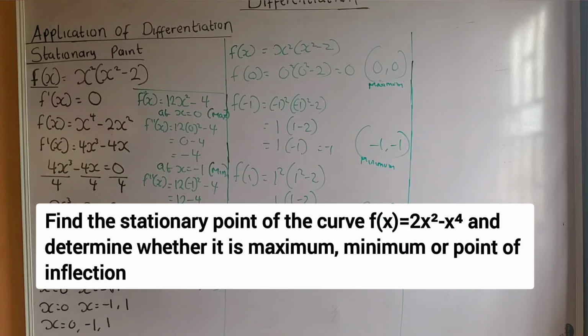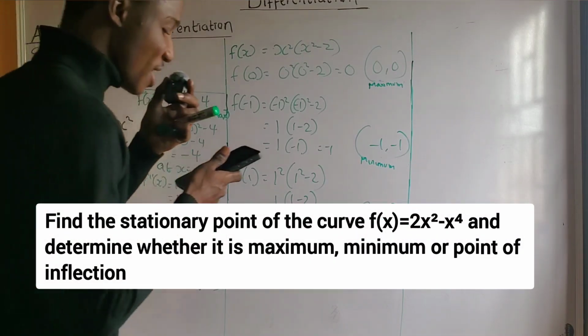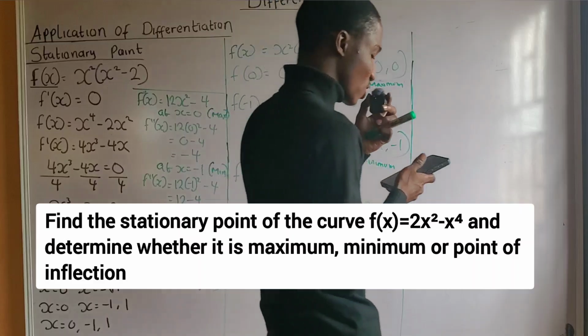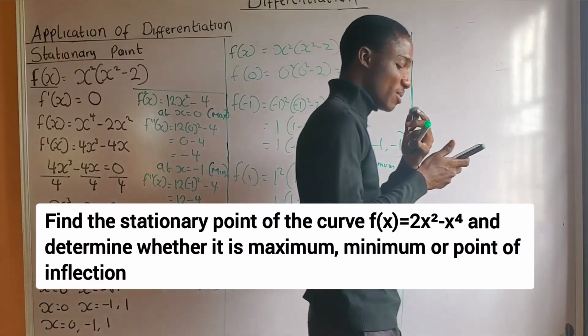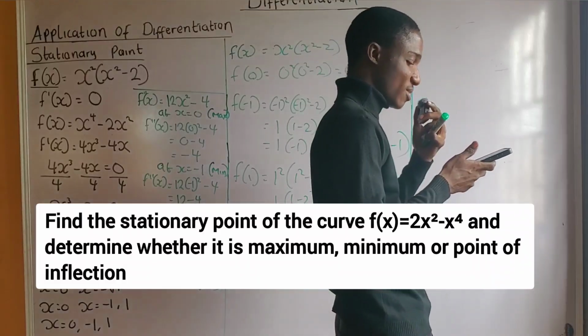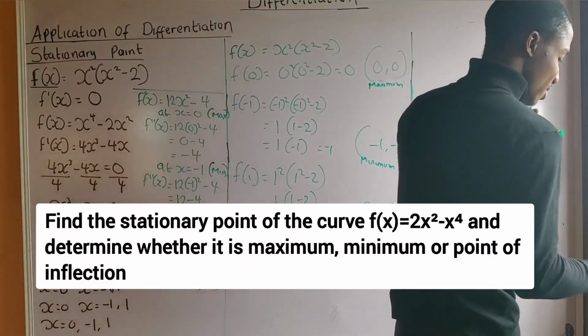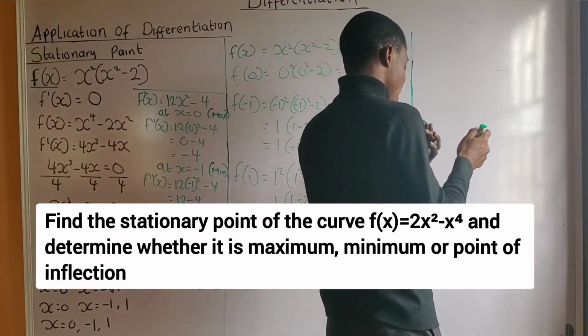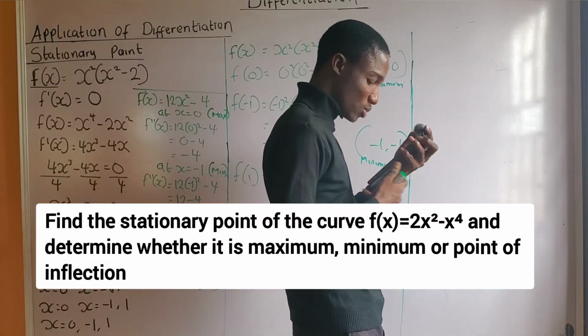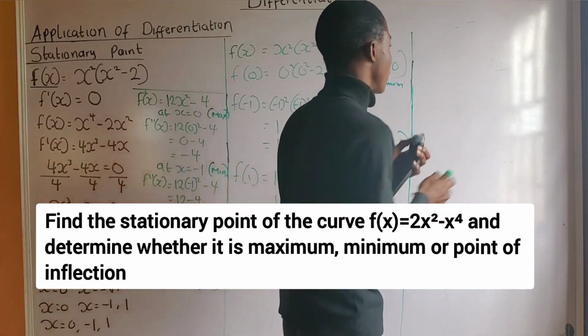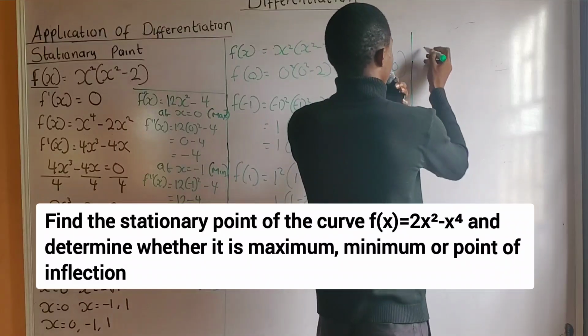Find the stationary point of the function 2x squared minus x raised to the power of 4 and determine whether it is maximum, minimum, or point of inflection. We are asked to find the stationary point of the function 2x squared minus x to the power of 4.